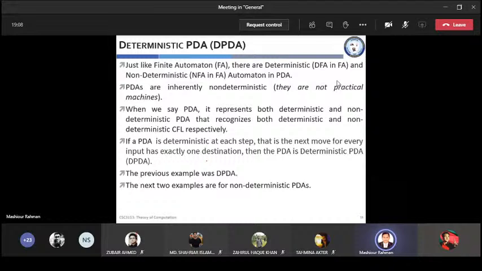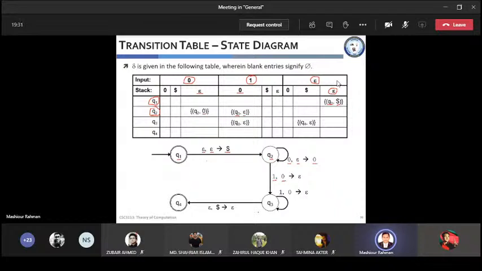If a PDA is deterministic at each step, that is, the next move for every input has exactly one destination, then the PDA is a deterministic PDA, in short known as DPDA. The previous example that we did was a DPDA.